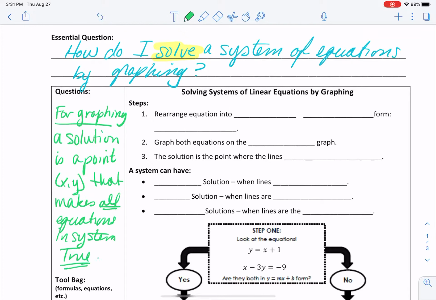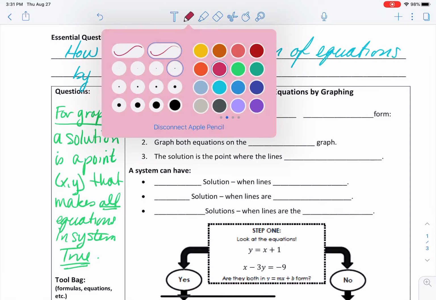And we'll discuss what that means further. But that's what it means by solve. How do I find the point that works for all the equations in this system?